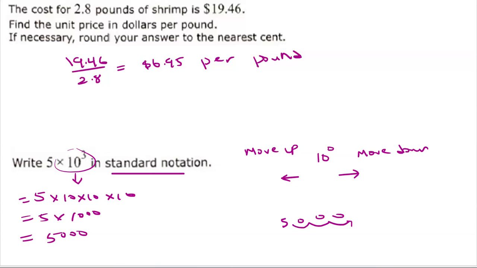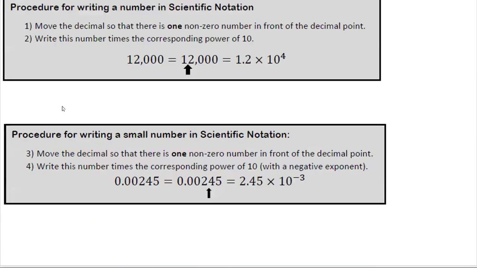All right, let's go to the next question. So here it tells us the procedure for writing a number in scientific notation. Move the decimal so that there is only one non-zero number in front of the decimal point, and write this number times the corresponding power of 10.